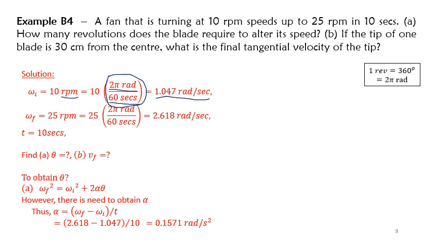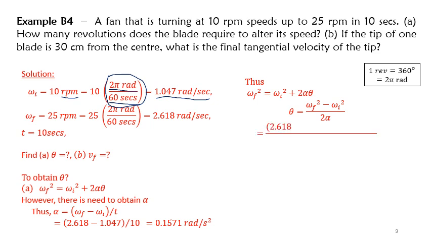Now that we have alpha, we can substitute back into the expression: omega subscript f squared equals omega subscript i squared plus 2 alpha theta. Making theta the subject, theta is omega subscript f squared minus omega subscript i squared, over 2 alpha.